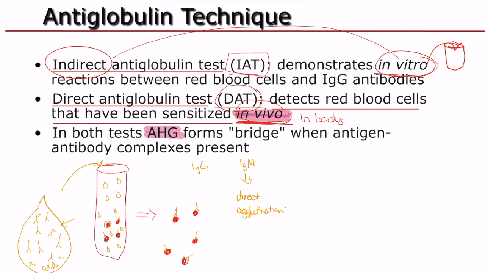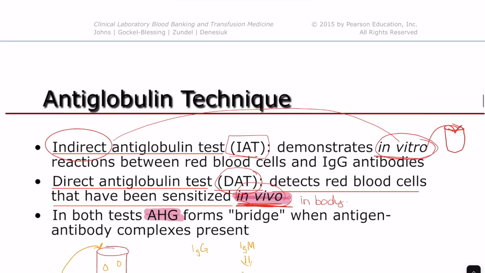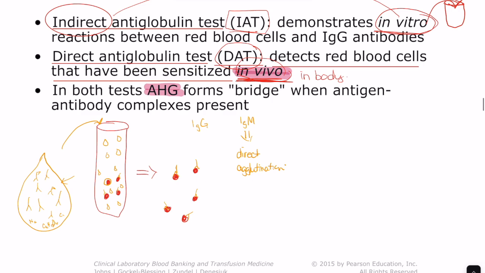Okay. So in order for us to see this, this is where the anti-human globulin comes in that we briefly talked about. And I'm going to make it this green. We're going to add that anti-human globulin, and it looks like this. It's green. What it does when we add it to this tube, so this is our tube again, right?